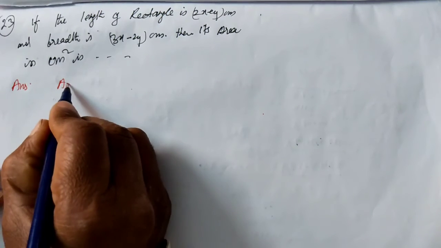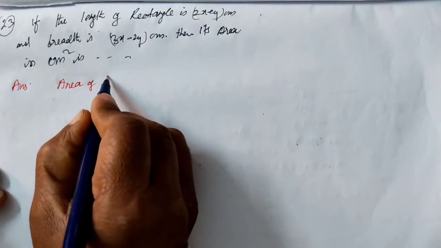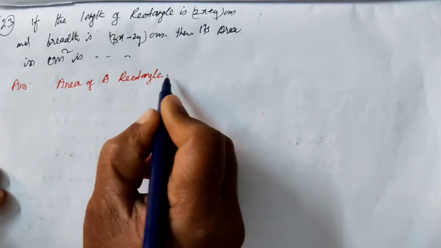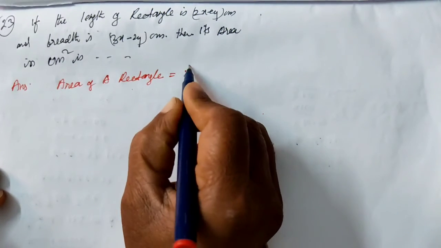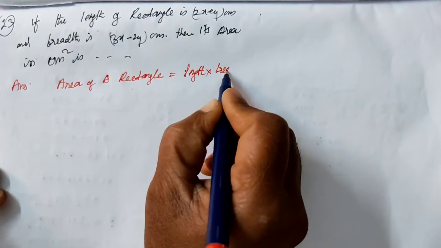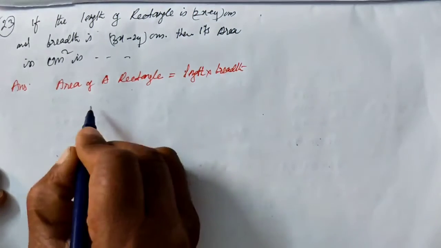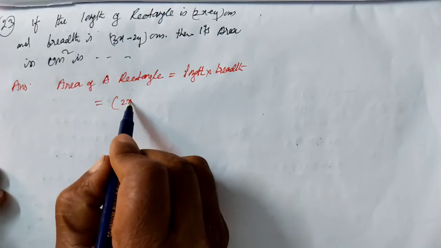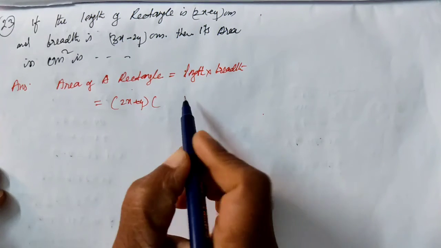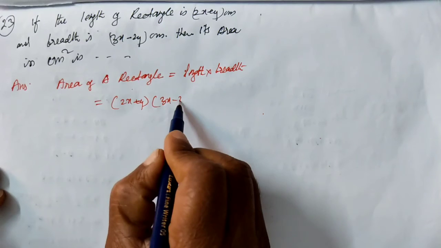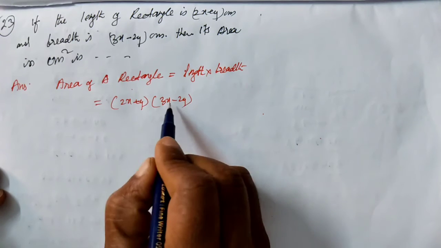So the area of a rectangle is equal to length into breadth, that we know. So therefore, what is the length here? Length is 2x plus y, into what is breadth? This is the breadth, so 3x minus 2y centimeter into centimeter.